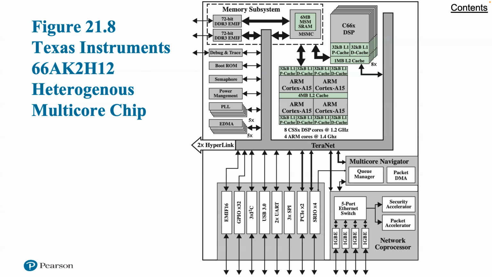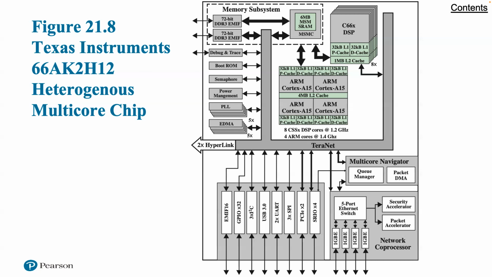This is typical for multi-core DSP organization. Each DSP works on a separate block of data in parallel, so there is little need for data sharing. Each ARM Cortex-A15 CPU core has 32 kilobyte L1 data and program caches, and the 4 cores share a 4 megabyte L2 cache.